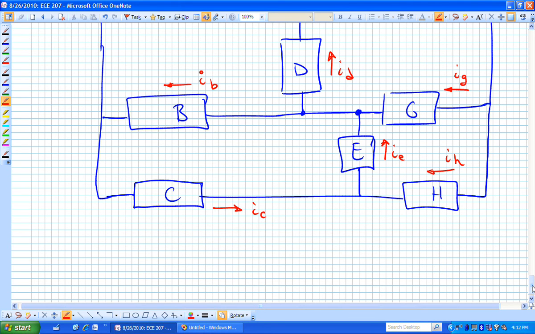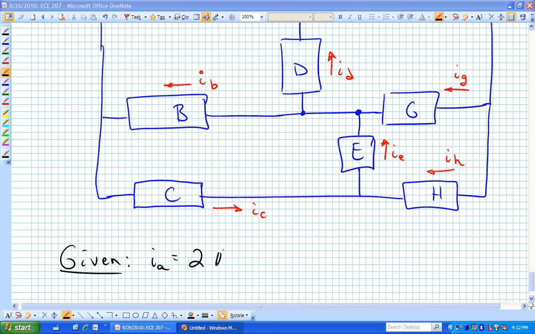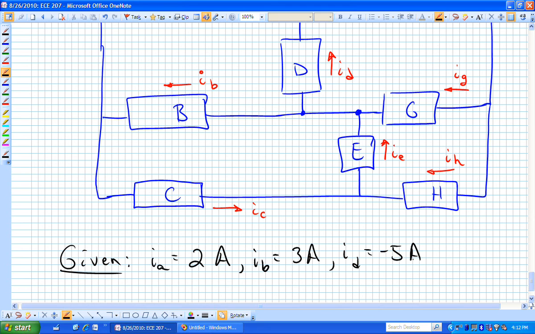The particular problem says that we are given I sub A is 2 amps, I sub B is 3 amps, I sub D is minus 5 amps, and I sub H is 4 amps.